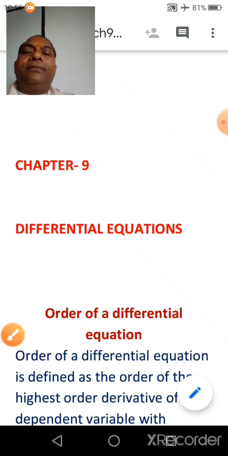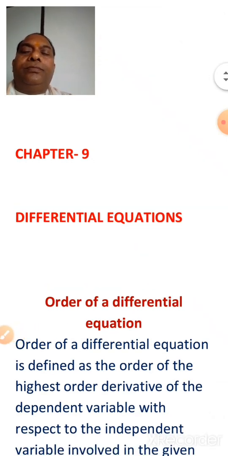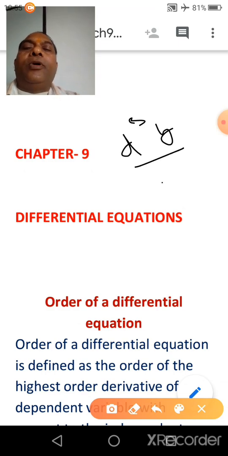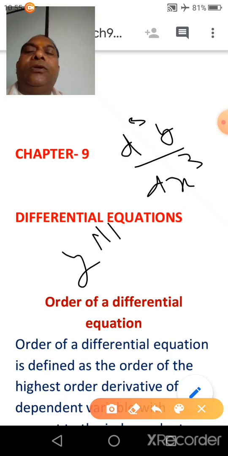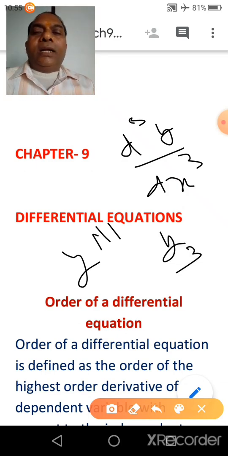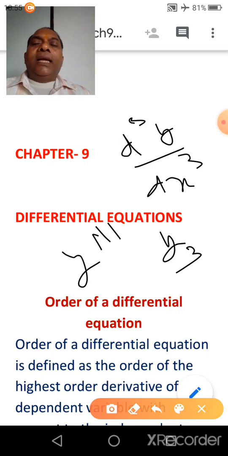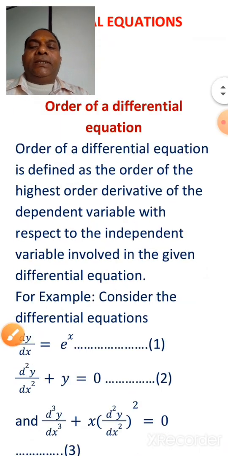Similarly, d cube y upon dx cube or y triple dash or y3 is known as third order derivative. Clear? So in differential equation, higher order derivative represent the order of the differential equation.